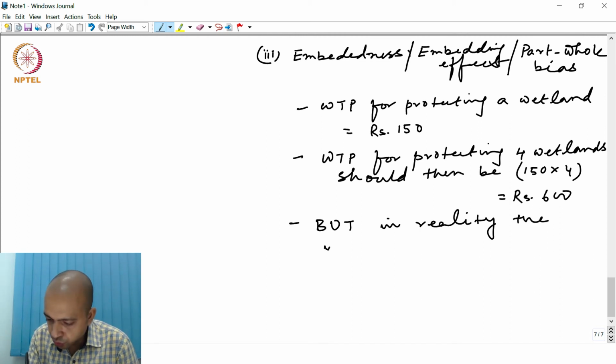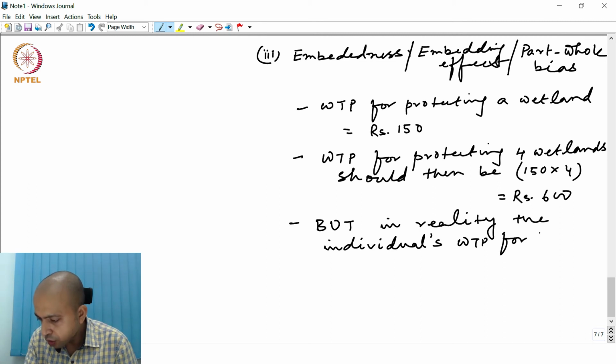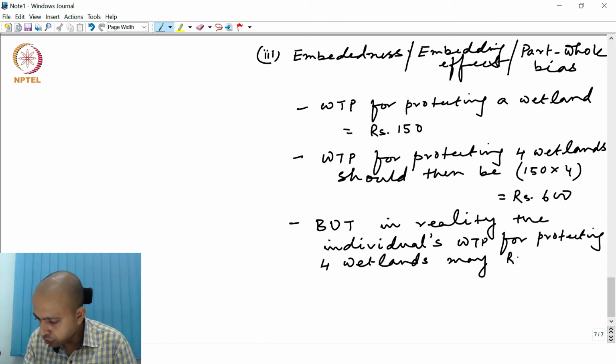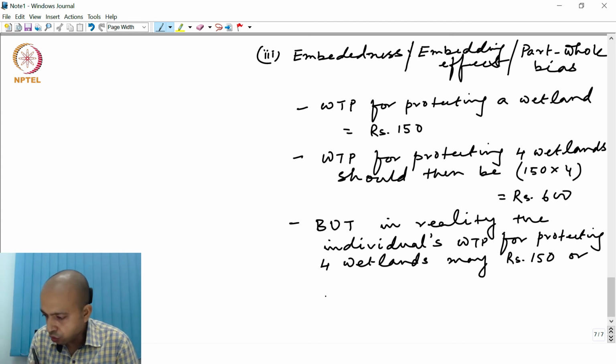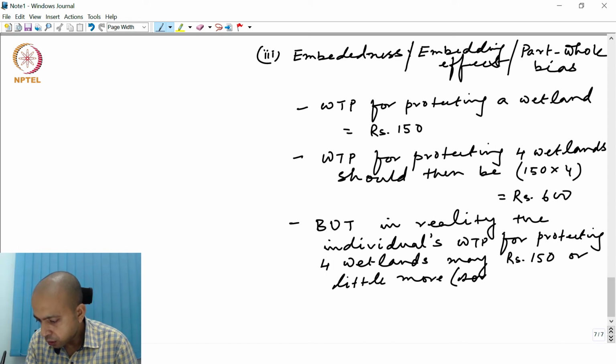the individual's willingness to pay for protecting 4 wetlands may be rupees 150 or a little more, say rupees 160.